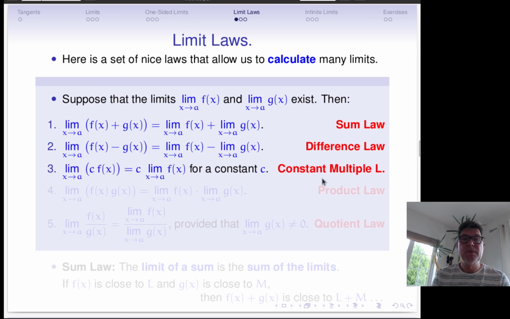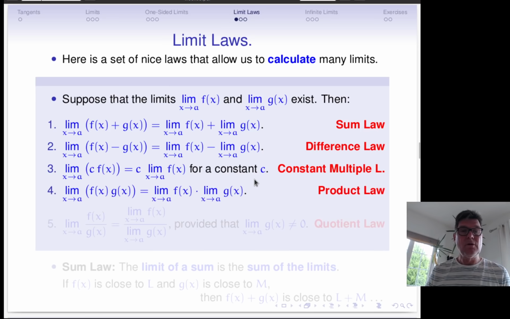Number 3 is the constant multiple law about the constant multiple of a function f of x. The limit as x approaches a of c times f of x is c times the limit as x approaches a of f of x for any constant c. The product law is about the product.